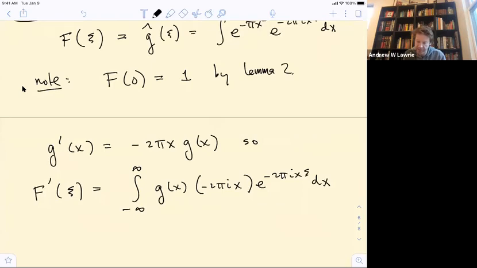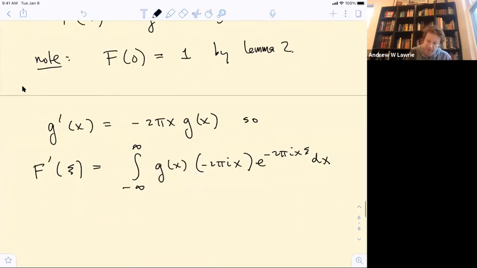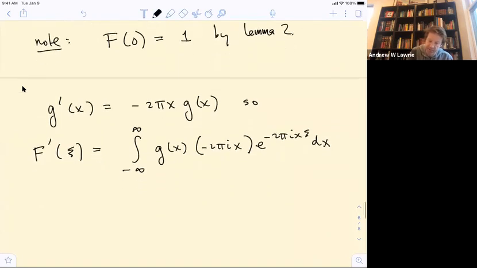So if I take the c derivative, the derivative falls on this factor, and this factor comes down, which is nothing other than, and I see g prime appearing here.